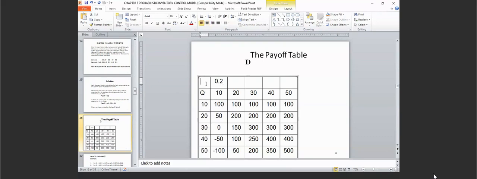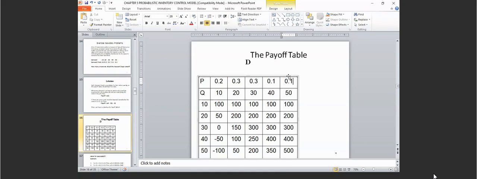This is the probability, this is the P. So 0.2, 0.3, 0.3, 0.1 and also 0.1. Okay. So the next step is to calculate the expected profit.